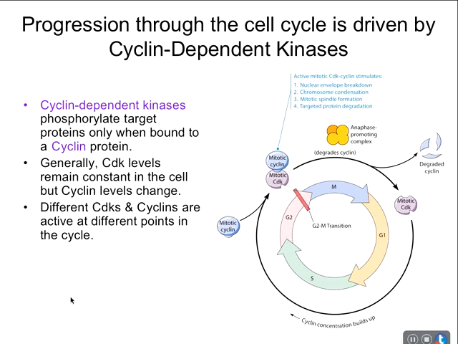Eventually, the levels get high enough that mitotic cyclin binds to mitotic CDK. Now CDK is active. It begins to phosphorylate those proteins that are needed for mitosis to occur. It also phosphorylates a protein that will degrade mitotic cyclin to block multiple rounds of mitosis and allow the cell cycle to continue.